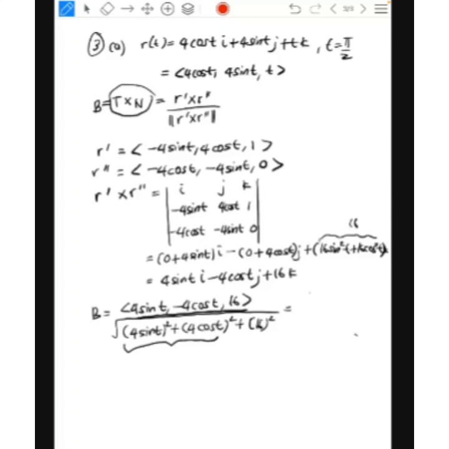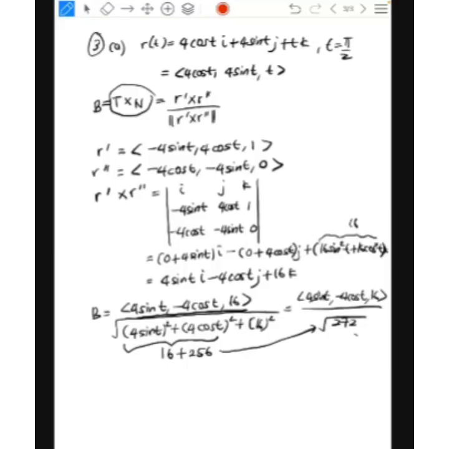So you're going to do 4 sin T, negative 4 cos T, 16 divided by square root of 272. Actually this gives 16, because sin squared plus cos squared is equals to 1. So 16 plus another 16 squared, which is 256.